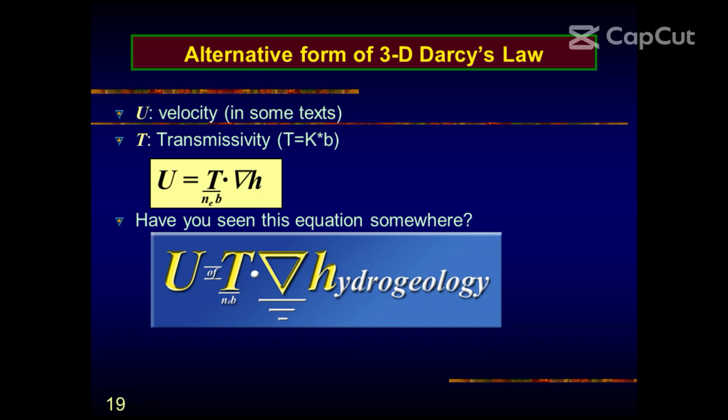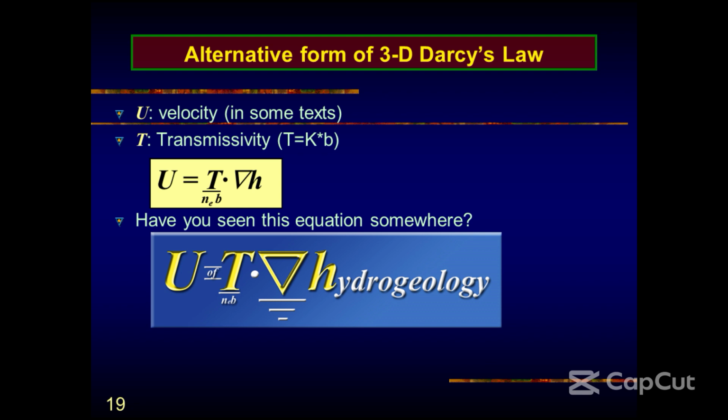Now, moving a step forward, we have the transmissivity. How did we define the hydraulic conductivity? It is the ease with which water passes through the porous medium, isn't it?